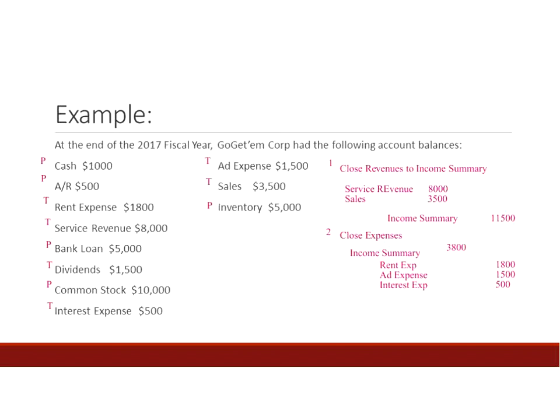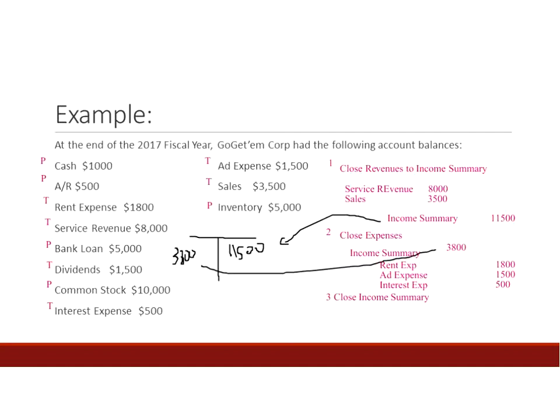Okay, our third step is to close income summary. So if we think about our income summary account, let's just draw that T account out here. We have $11,500 from this transaction here, and we have $3,800 from this transaction here.